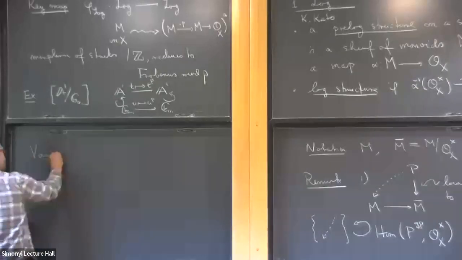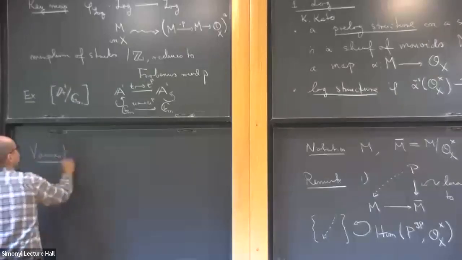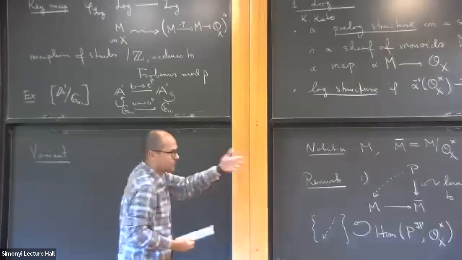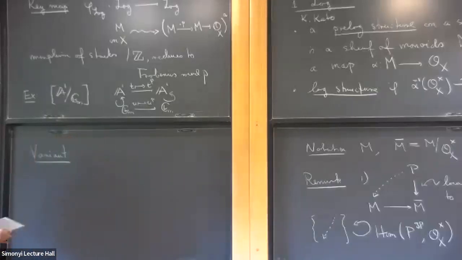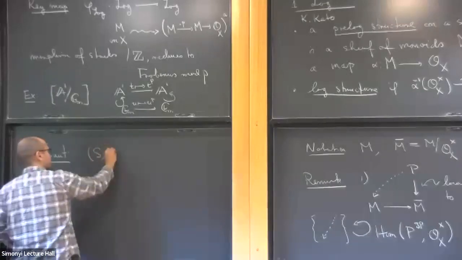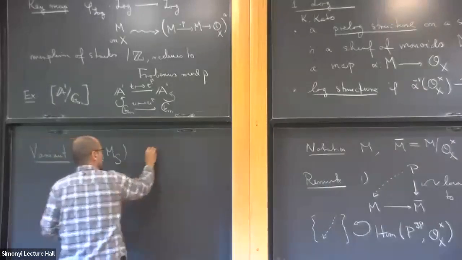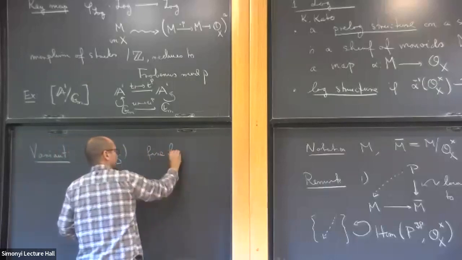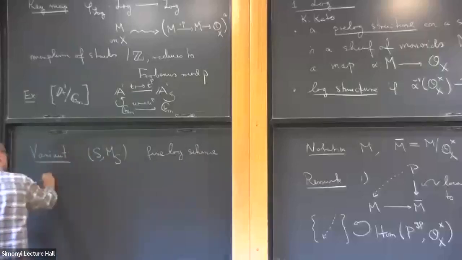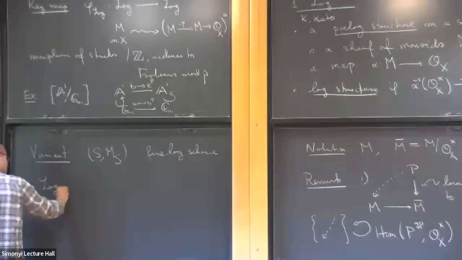that there's a variant. The way to think about it is the stack log that I've written here is sort of the absolute theory, and there's a variant, which is if you start with some base log scheme, and also write down a relative version.